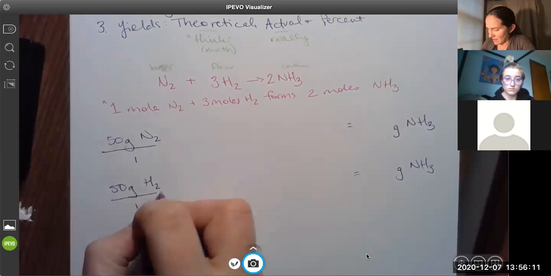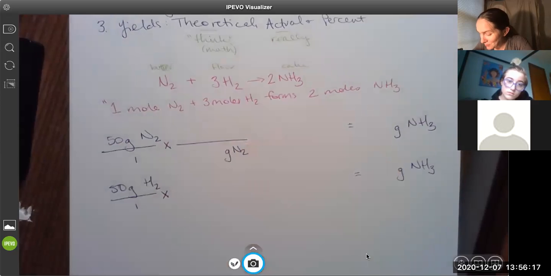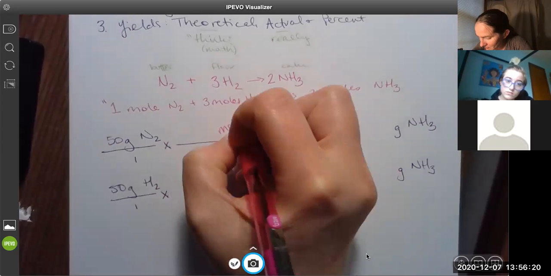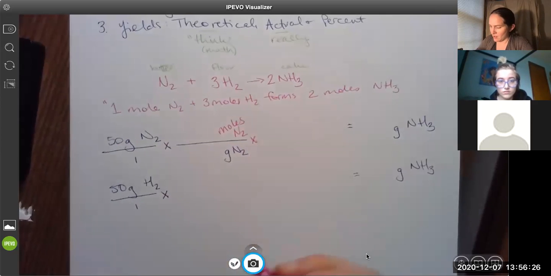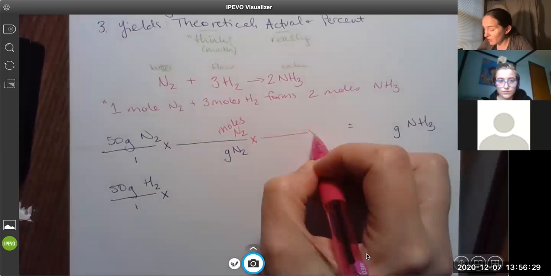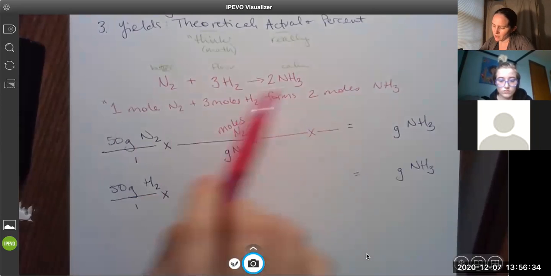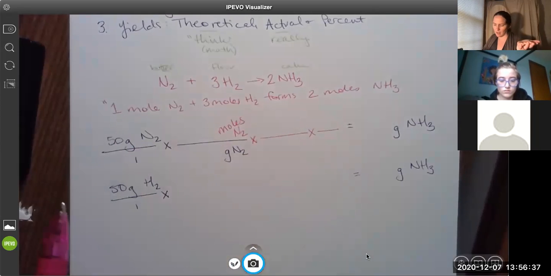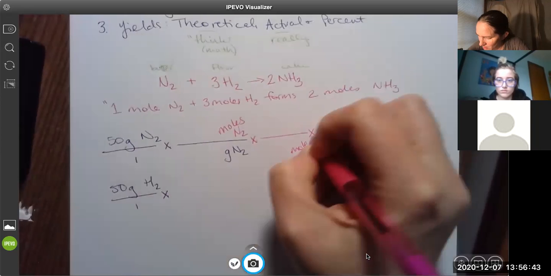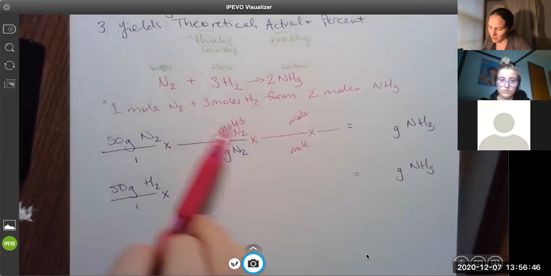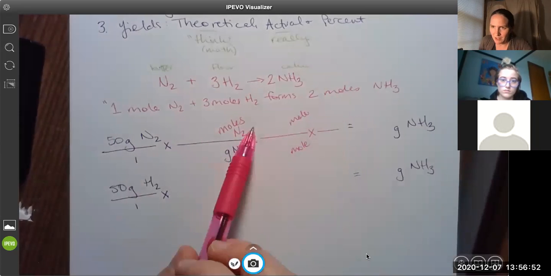We want to take the grams and convert it into moles. Because our reaction, we know how many moles of each thing that we need, and we know how many grams are on the scale. We know how many moles the reaction needs. We're going to compare moles of one thing to moles of another thing to kind of take it through the reaction.